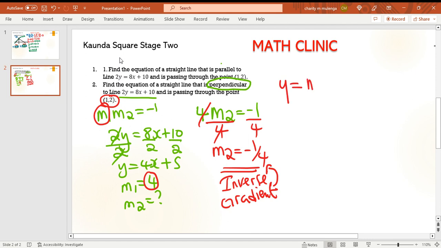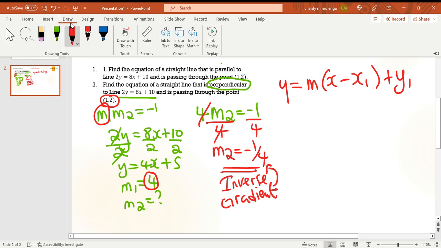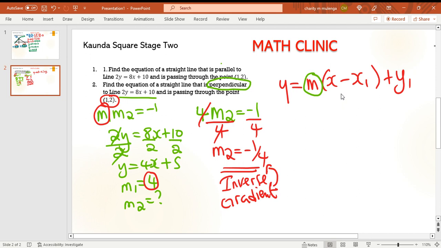So we're going to say y is equal to m(x minus x1) plus y1. Take note, don't use the first gradient, you should use the second gradient. So we're going to say negative 1 over 4 times (x minus, what are the coordinates there? 1 comma 2). Okay, 1 comma 2.